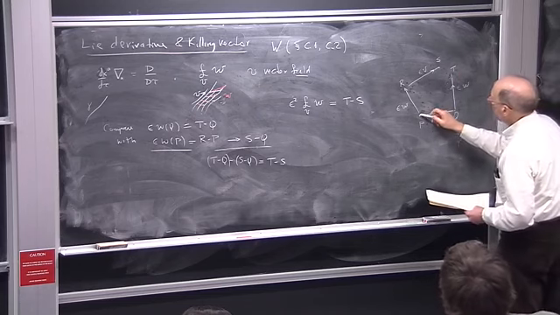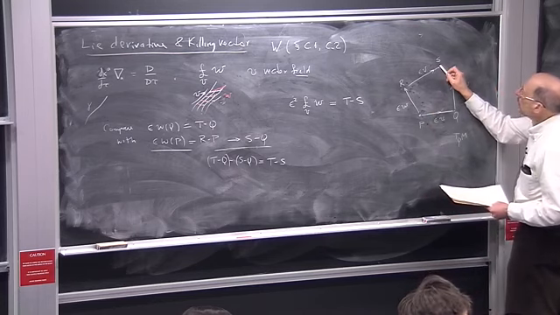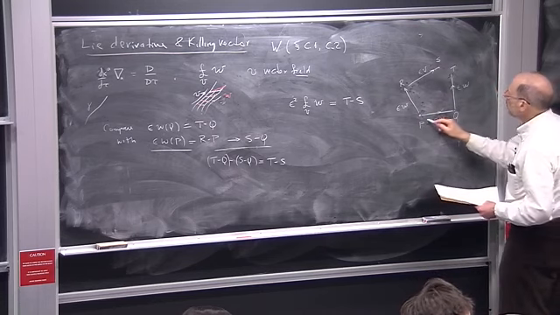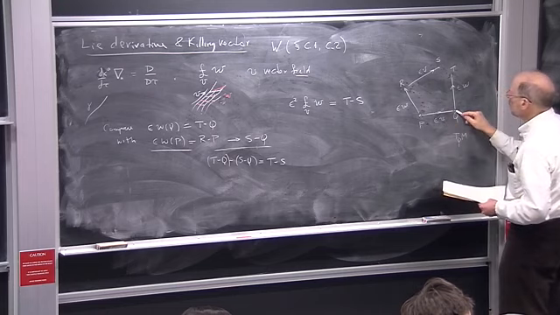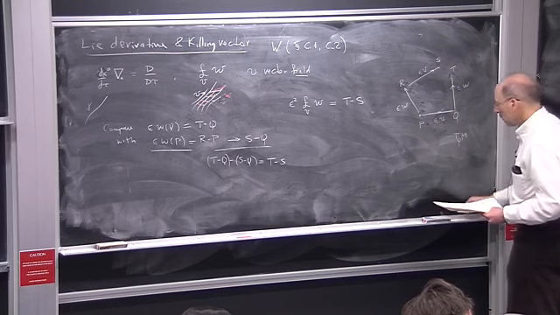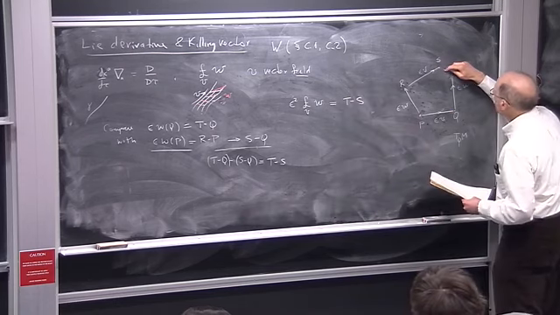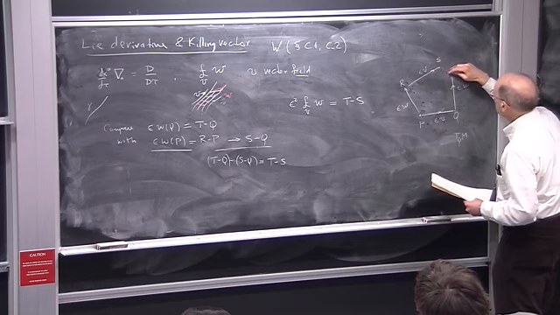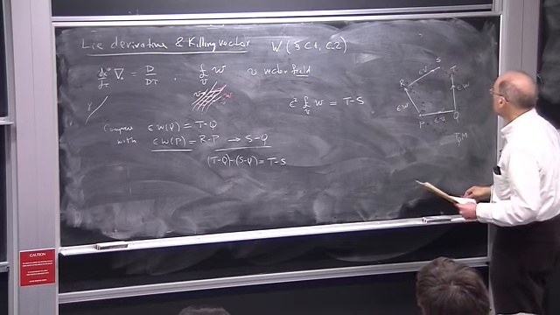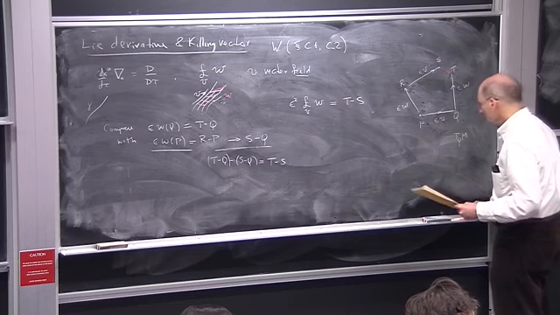If you go a fixed parameter distance along W and then a fixed parameter distance along V, or you reverse the order, you go a fixed parameter distance along V and then an equal parameter distance along W, you don't quite come to the same point. And that difference represents the Lie derivative, which is T minus S.